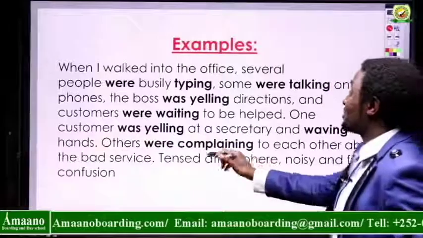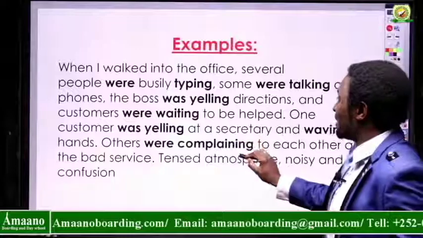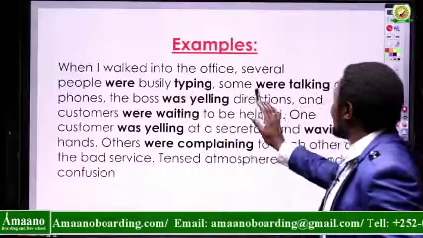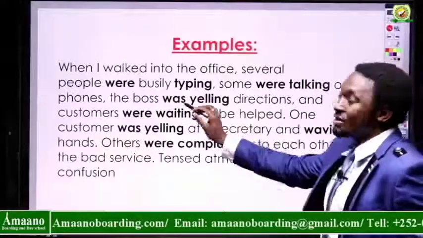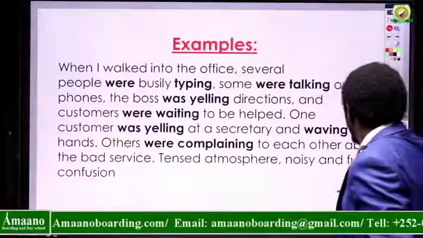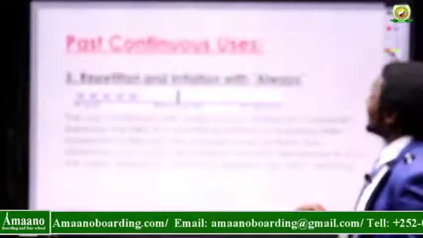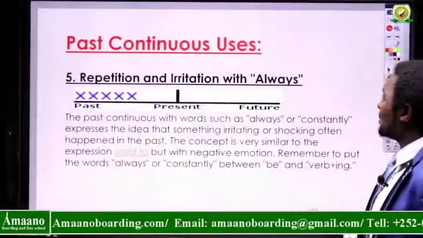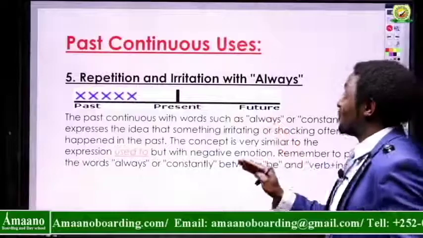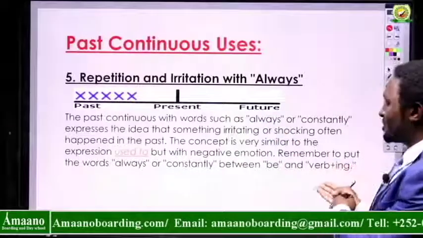So in the past continuous, you can see: were waiting, was yelling, were complaining, were busily typing, were talking, was yelling. All those are in past continuous tense. The next one, the fifth one, which is the last usage of the past continuous tense, is repetition and irritation with always.